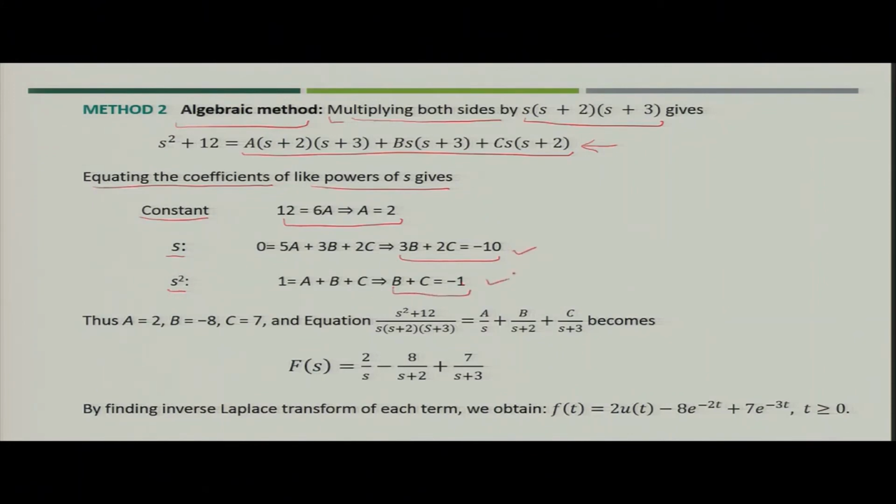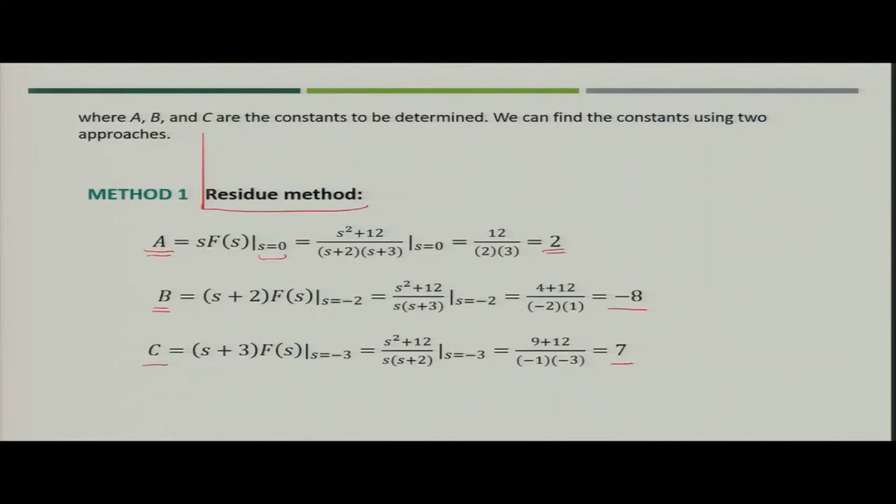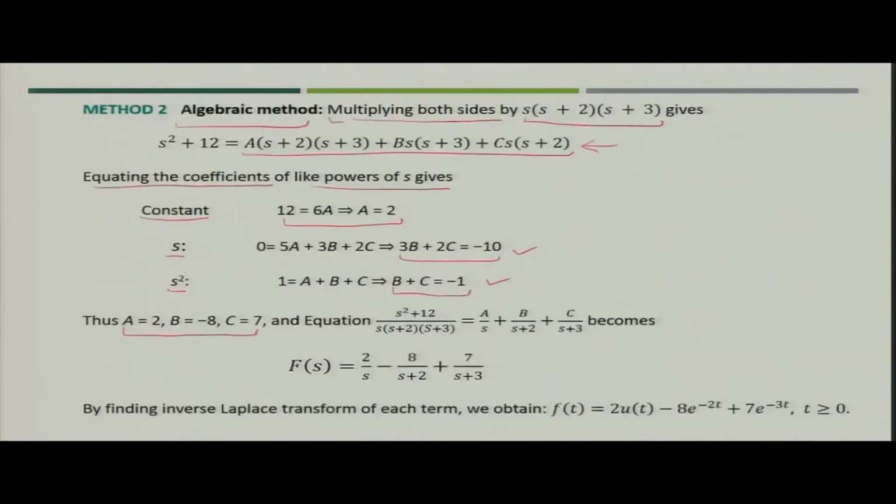Now, you have two equations and two unknowns, you can solve, and you will get the values again as A is equal to 2, B is equal to minus 8, and C is equal to 7. So, either you use this method or the previous method which we discussed, that is the residue method, you will get the same results.